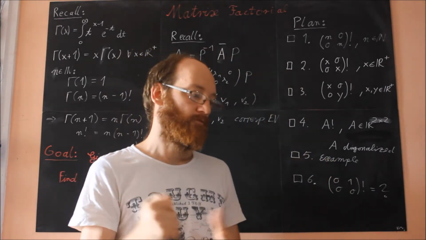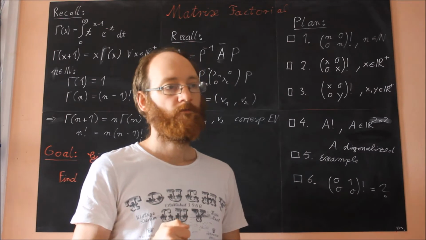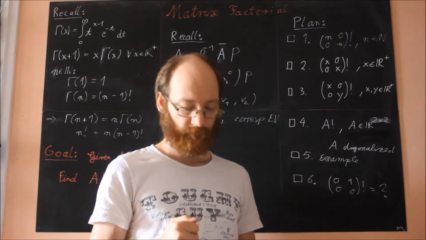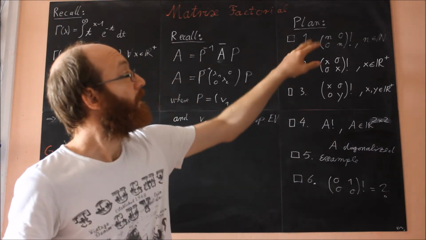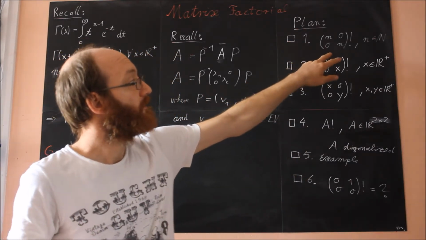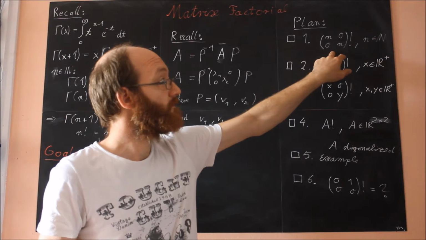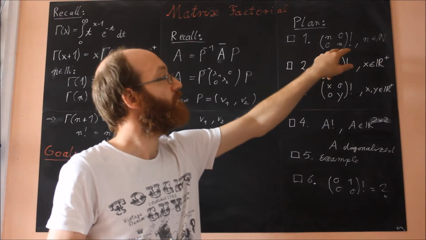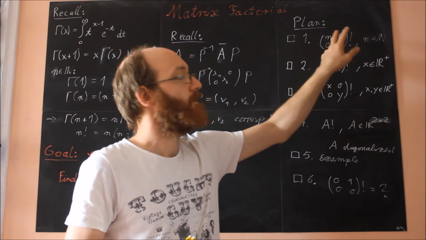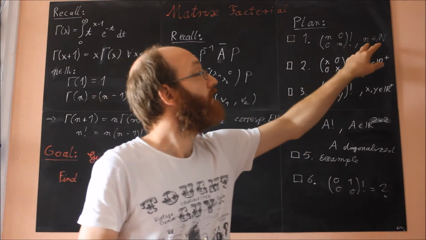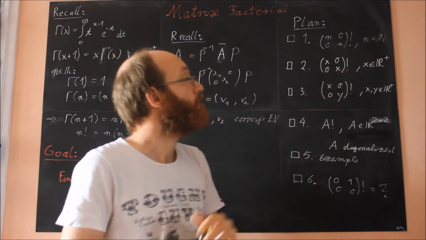And to do so, we go step by step. First, we discuss what the matrix factorial is if the matrix is diagonal with the same entries on the diagonal and with natural entries.